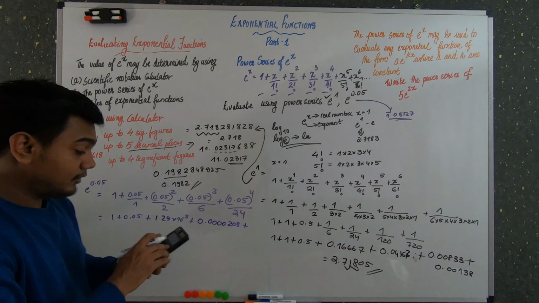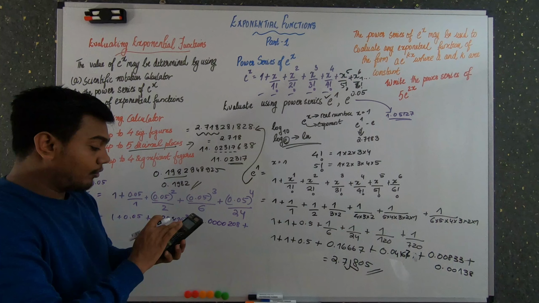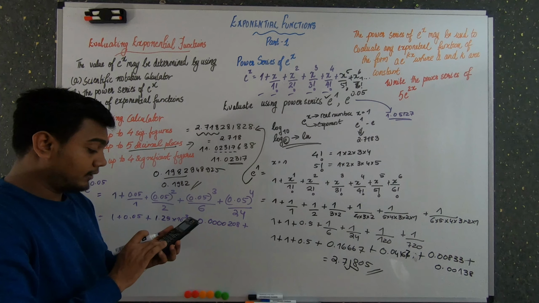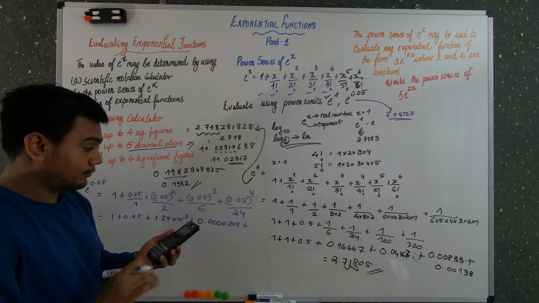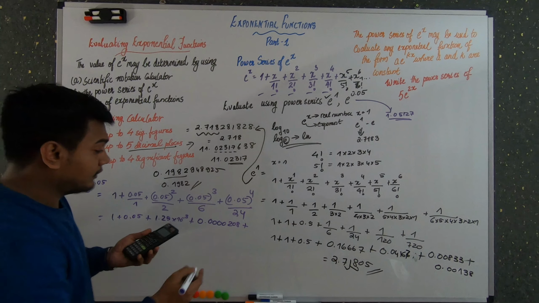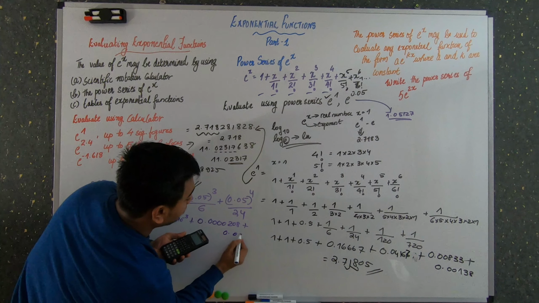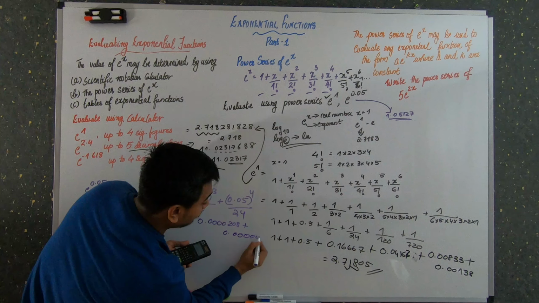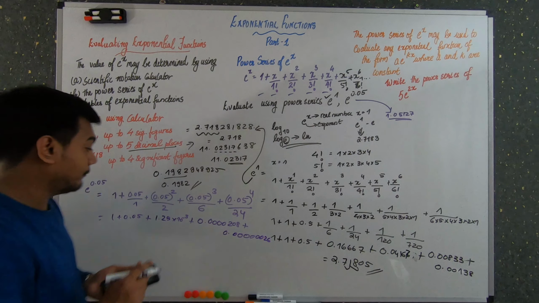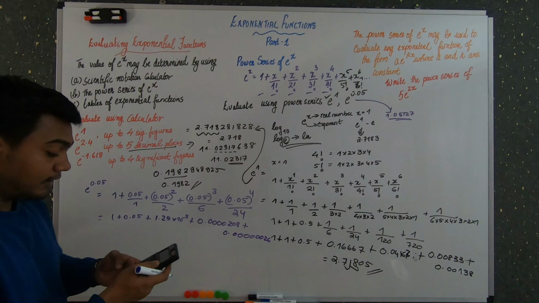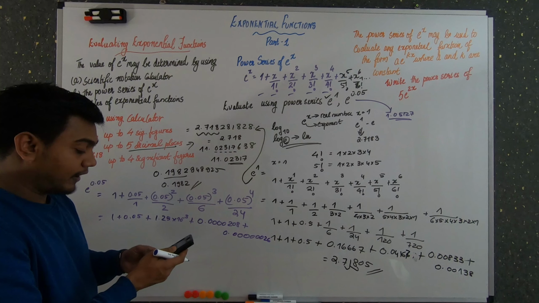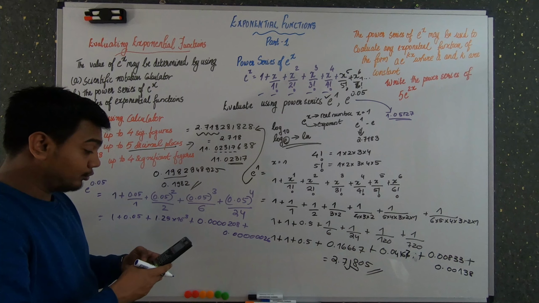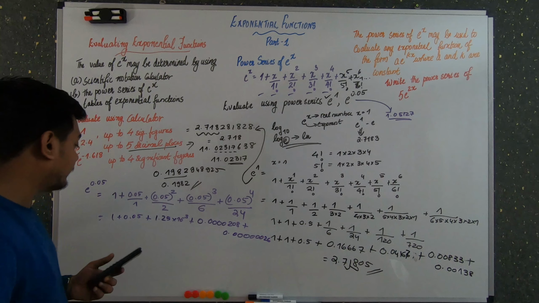The next term, 0.05 whole raised to 4 divided by 24, has a lot of zeros, about 6 zeros. Let me check again: 0.05 whole raised to 2 divided by 2 is 1.25 into 10 raised to minus 3.